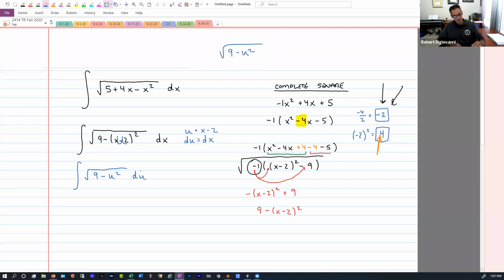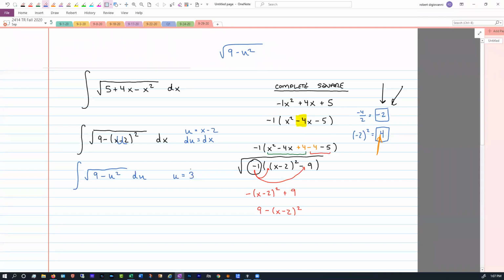So here comes the trig sub. I replace u, because my variable is now u. I replace u with, let's see, a here for us is 3. And then what's the trig sub I use here? u equals 3 sine theta, right?